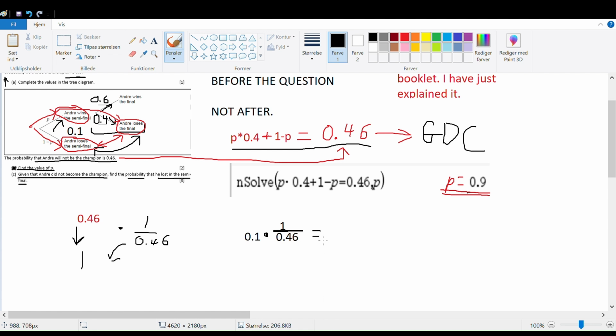We're going to see what it gives us, because that should be the real probability. So 1 over 0.46, I can do this on the calculator and I get 0.217. And that should be the result. This is the probability. If we already know that he's not the champion, then the probability that he must have lost in the semifinal becomes this big.